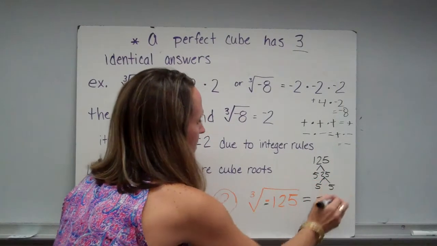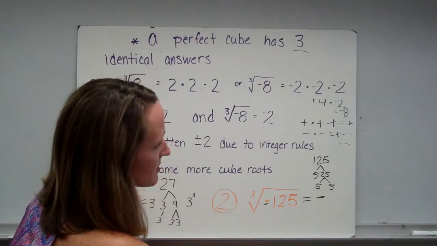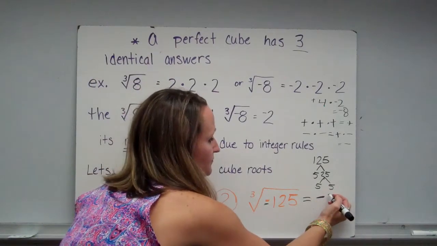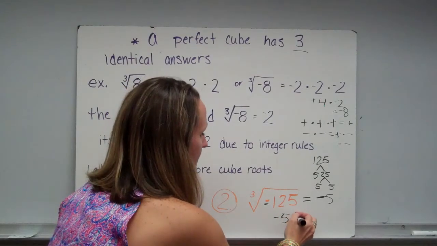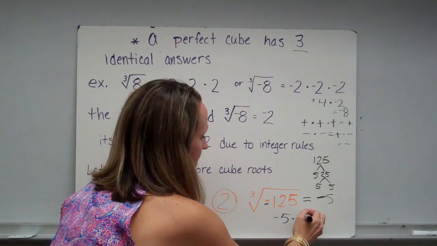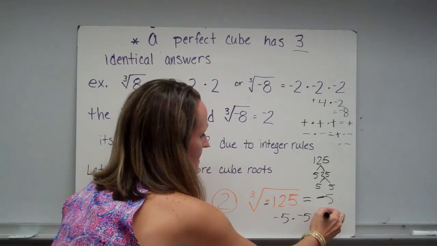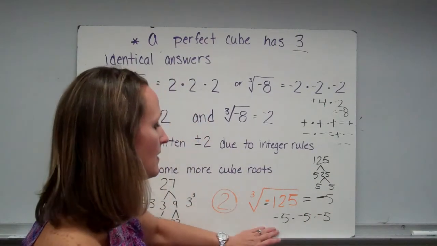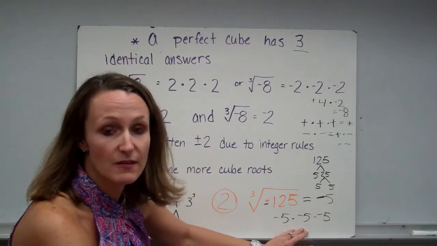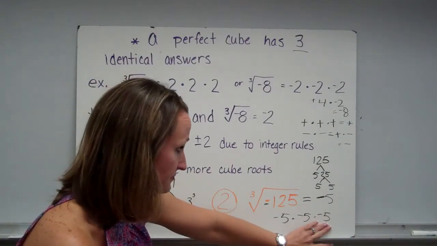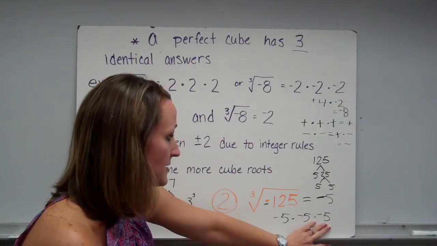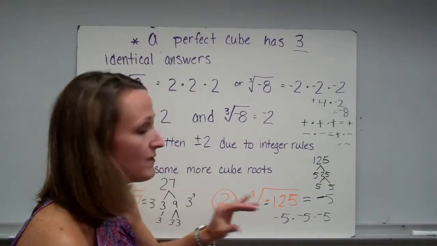Whoop, I've got my 3 5s right there. Negative 5, because negative 5 times negative 5 gives me positive 25, times negative 5, that gives me negative 125.